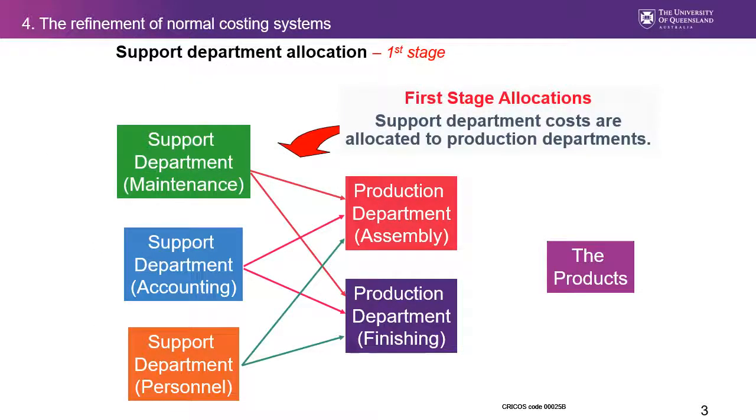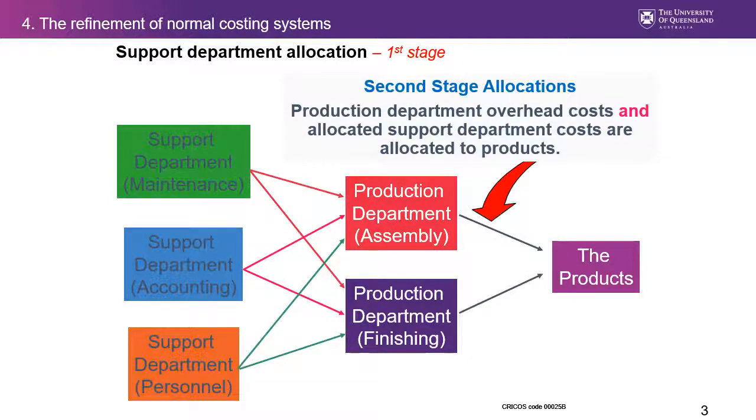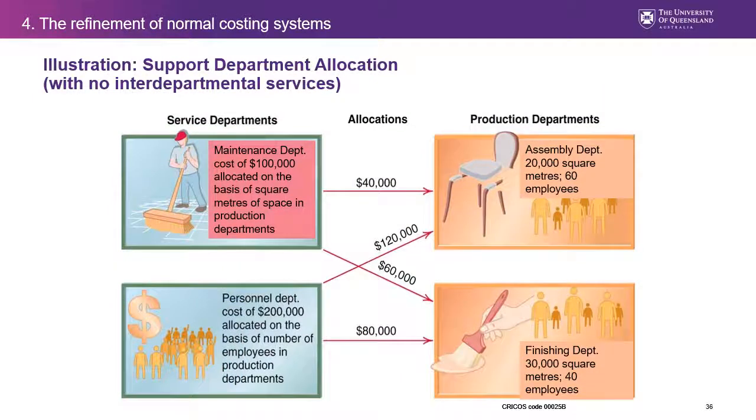So we have, in this instance, support department maintenance, support department accounting, support department personnel. And what we want to do is allocate those costs to our production departments in these first stage allocations. And in the second stage, we're going to allocate our total production department costs to our products. So we can see here that our service departments consist of maintenance department and personnel department, and our production departments consist of assembly and finishing.